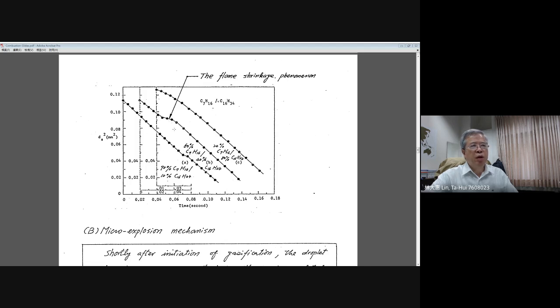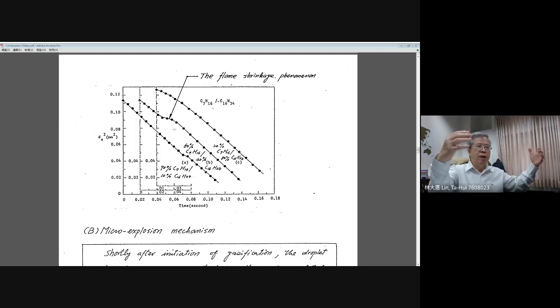In the experimental observation, you can still see another very interesting effect. You can see the flame size becomes smaller, it shrinks, and moves closer to the droplet. This is easy to understand, because in this short period all the heat is used for preheating your C16 to its boiling point, and there is not enough fuel vapor coming out to support the outer diffusion flame.